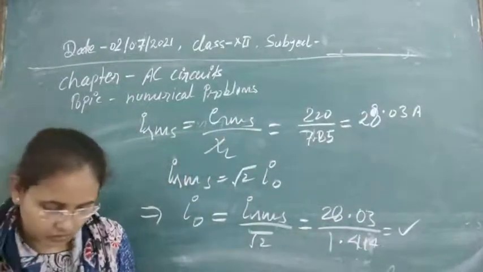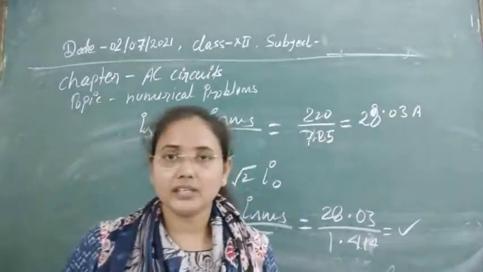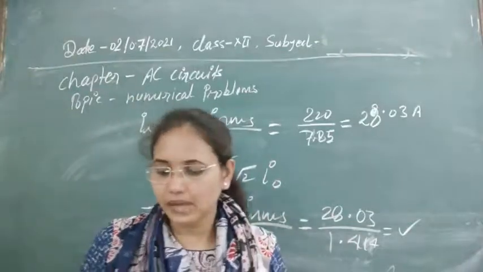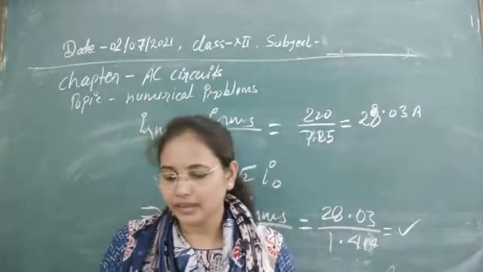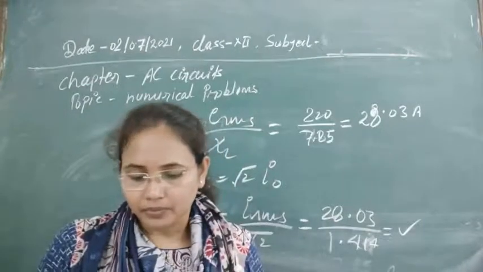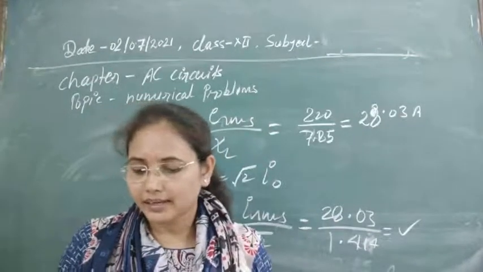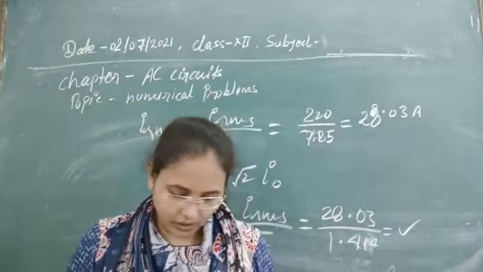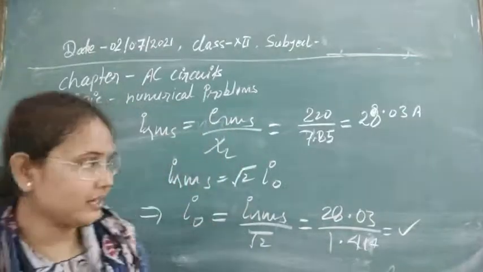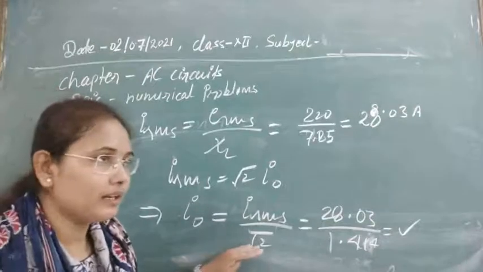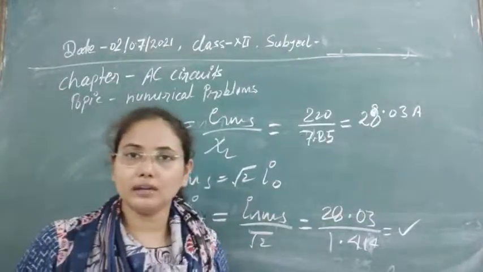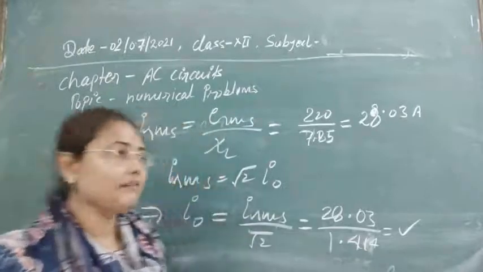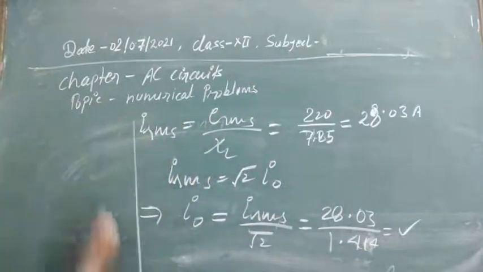Here is the next question after this simple formula based question: find the maximum value of the current when an inductance of 1 Henry is connected to an AC source of 220 volt, 50 hertz. This question is again related to the same topic, as we have to find the inductive reactance first by using the concept given to us, and here again the data is given.